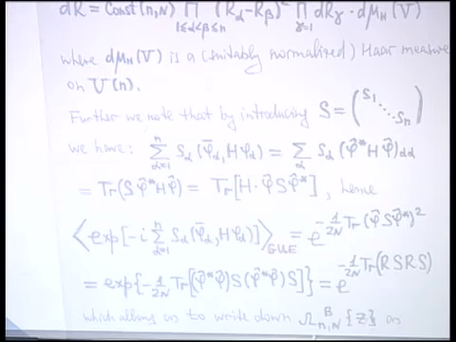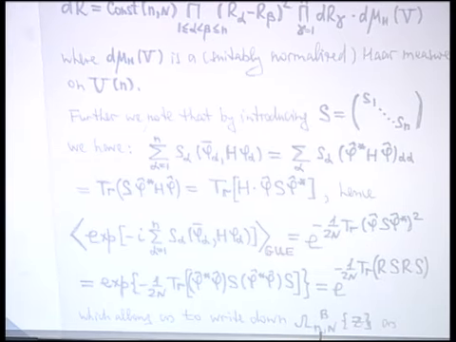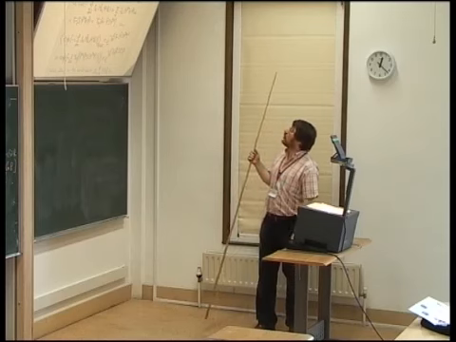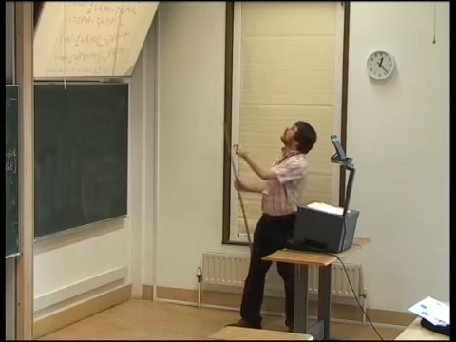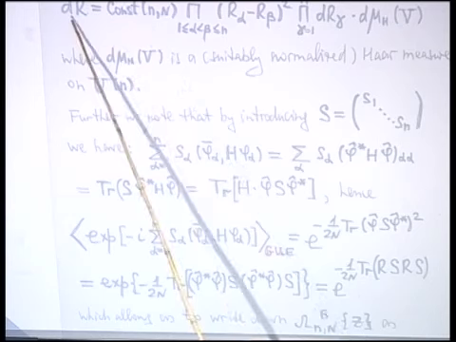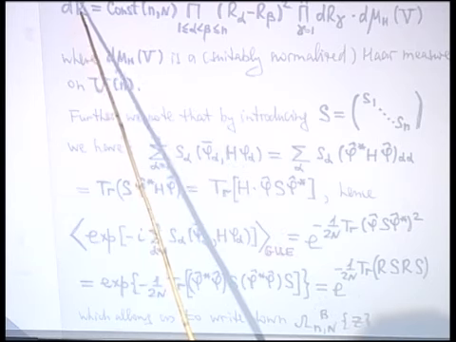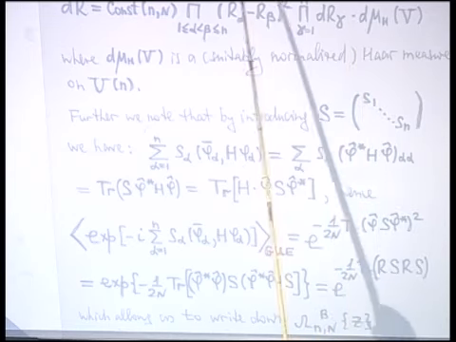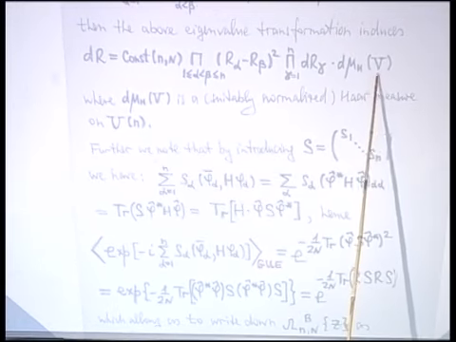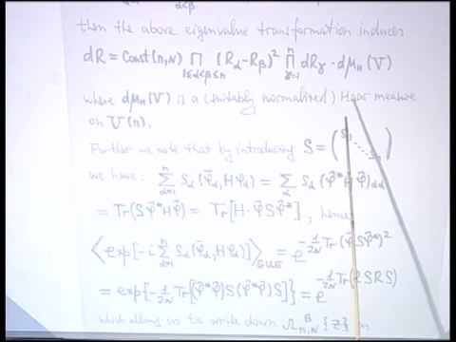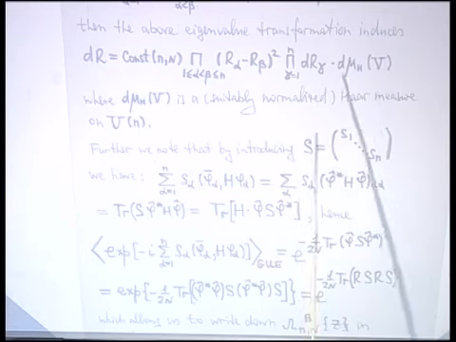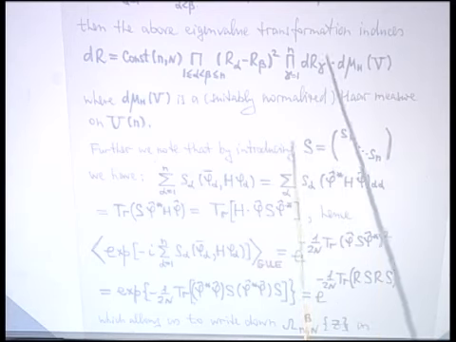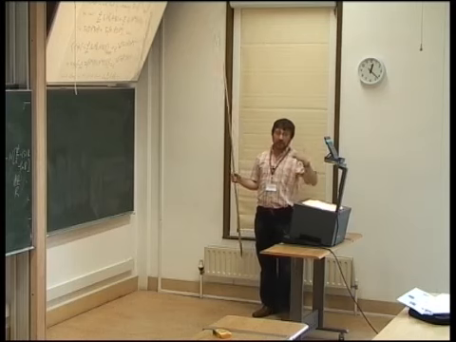I have another question. Now here you speak about the measure dR, but on the previous slide you had the measure, the product over d phi alpha. On the previous one it was d alpha, the analog of that, because we had there only one factor alpha.